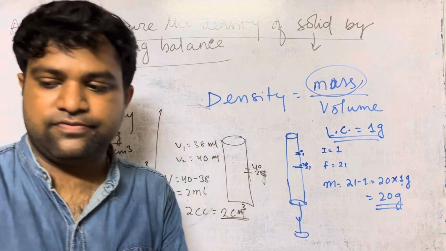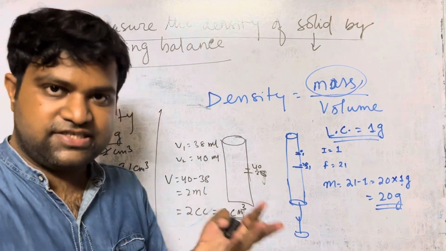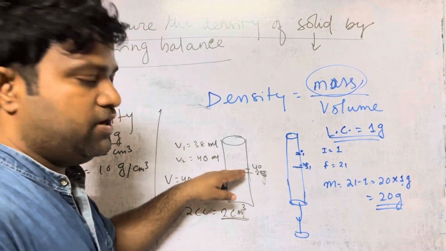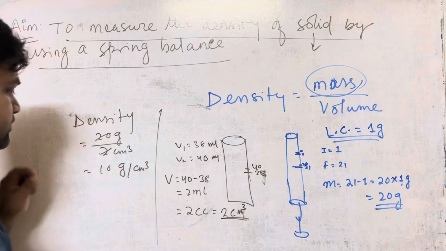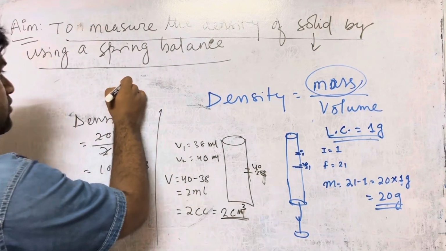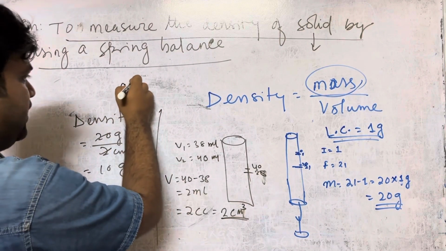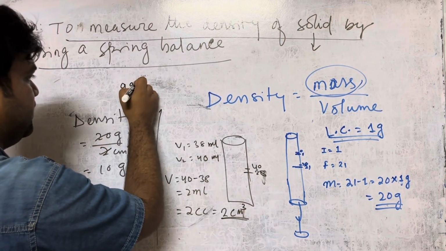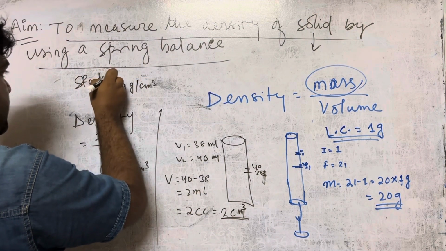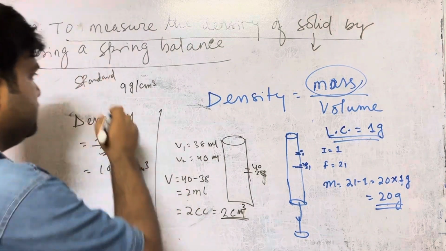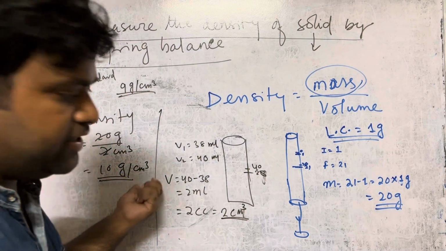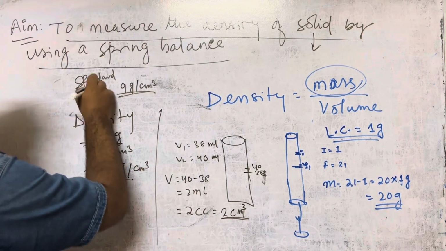The material we have used here to find the density is, I think, steel. Although the least count is 1 ml, the standard density value of steel is around 8.5 or 9 gram per cm cube. So I hope the object is steel, and it is very close to the value we are getting, 10 gram per cm cube.